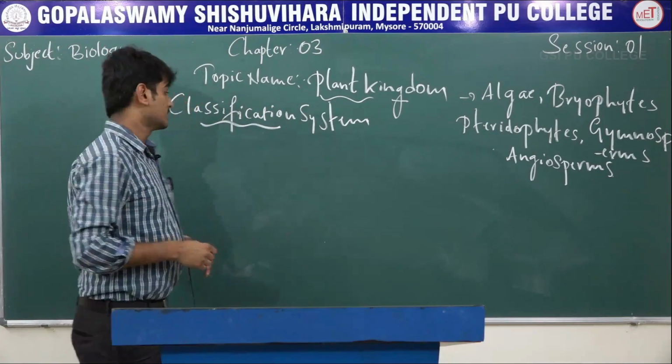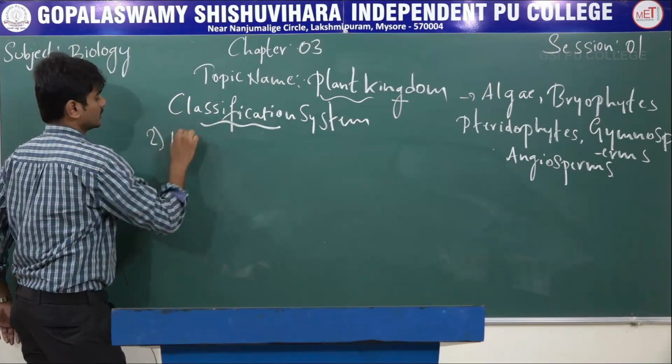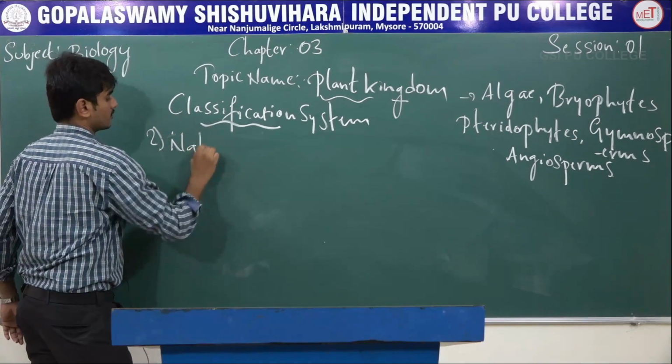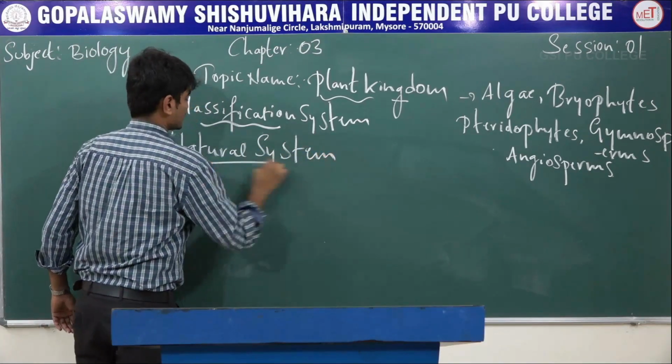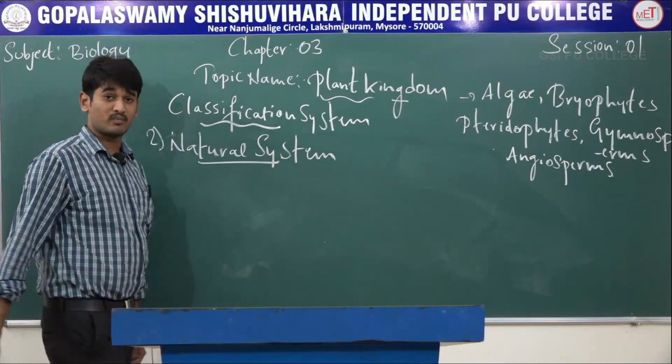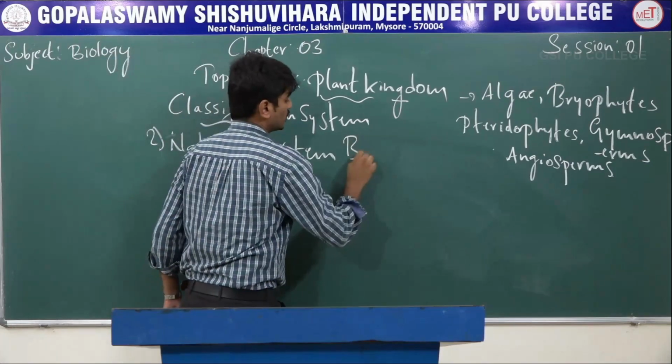The second one is natural system of classification. This natural system of classification was given by Bentham and Hooker.